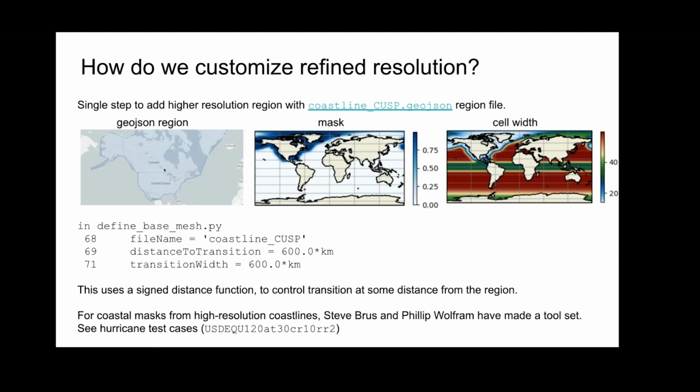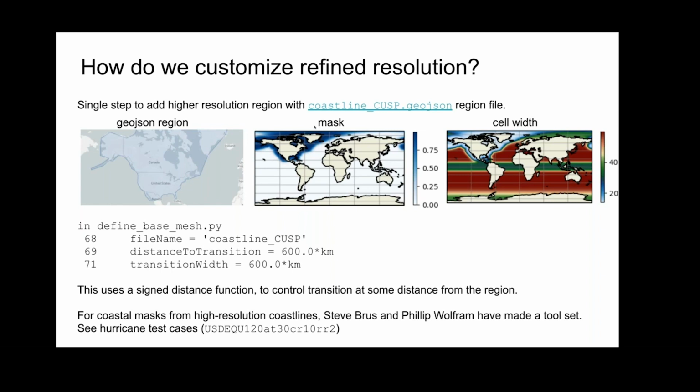So this is the next slide here. A mask that's just a GeoJSON file, and then a distance to the transition and a transition width. And so for this CUSP mesh, I just went around the coastal United States and Canada, and then I gave it 600 kilometers for both, and then a 600 kilometer transition.